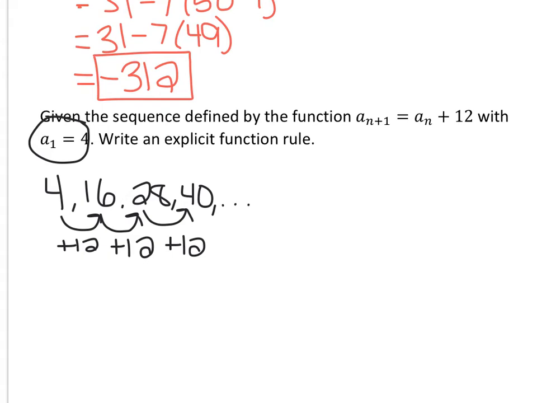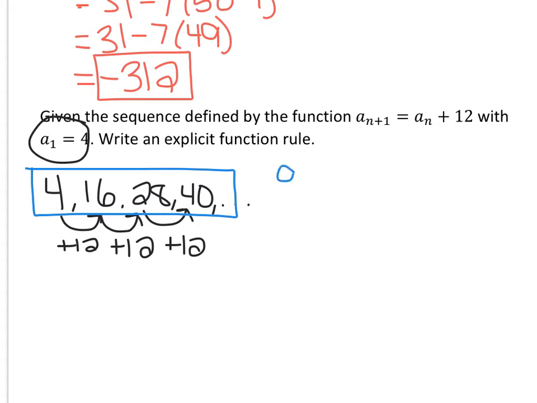Now this looks just like any other problem we've done so far. We just have to write the rule for that sequence. So the only difference with this question is they didn't directly give you the sequence. You had to write it out using the rule that they gave you. In this case, you could find the next term by adding 12. Okay? So they want us to write an explicit function rule.